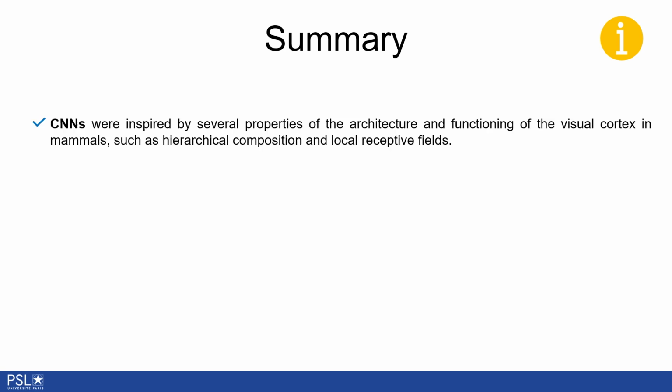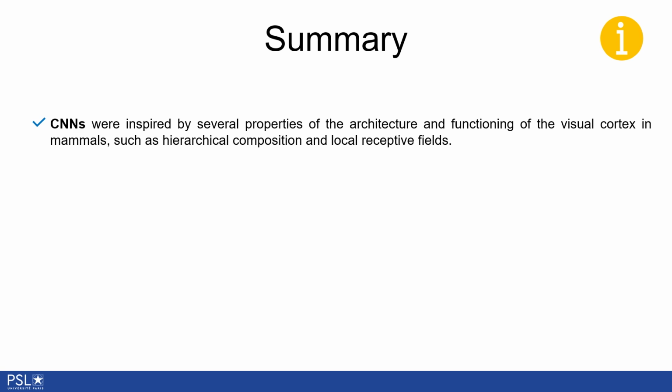In this video, we saw another neural network architecture that can be used to implement and train a language model, convolutional neural networks, or CNNs in short. CNNs were inspired by several properties of the architecture and functioning of the visual cortex in mammals, such as hierarchical composition and local receptive fields.